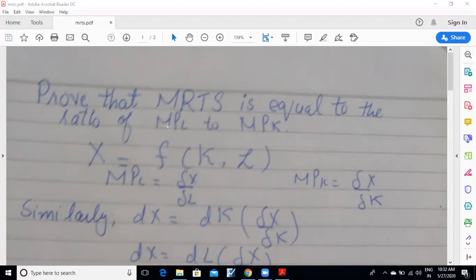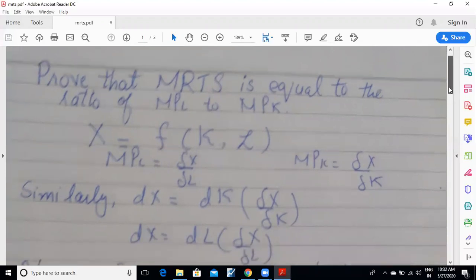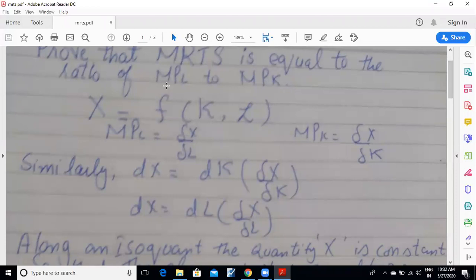Now we will prove that it is equal to the ratio of MPL to MPK. To start, suppose we have a production function, X is equal to X function of capital and labor. There are two inputs, capital and labor, and we shall restrict this proof to these two inputs.